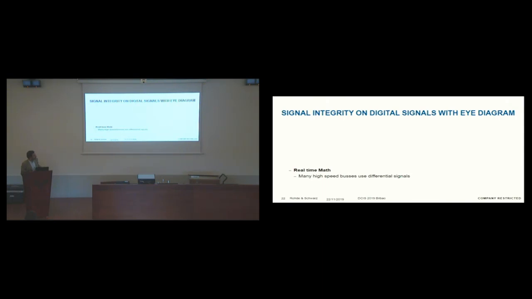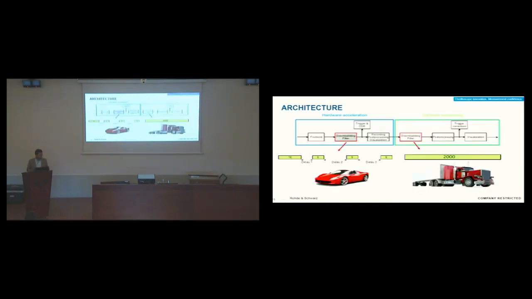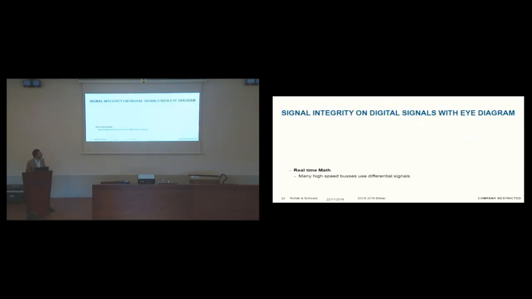Also, in all the cases in the market so far, this math calculation is done by software, after triggering and maybe before de-embedding. So it was not possible so far to, for instance, trigger on a differential math channel.